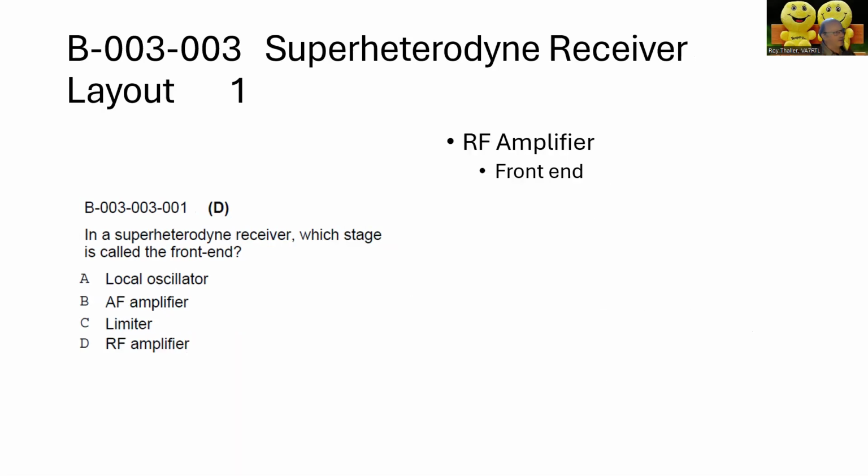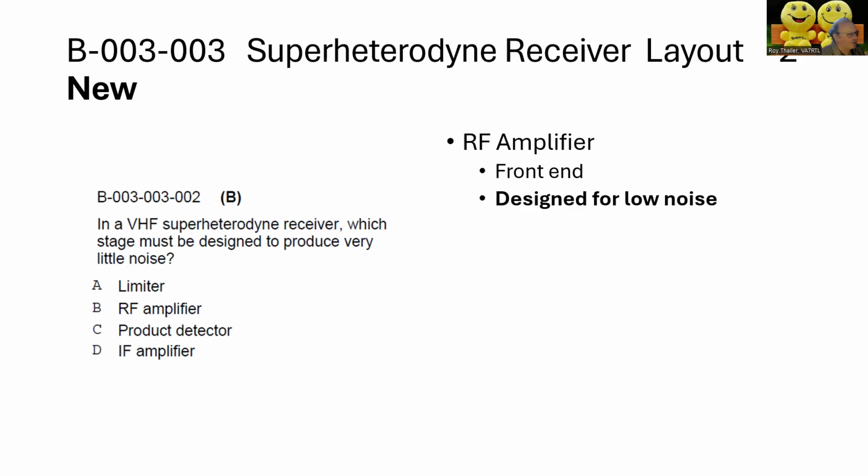Now we're getting into the superheterodyne receiver. So in a superheterodyne receiver, which stage is called the front end? So the front end is where the antenna is connected. So you may have the next stage would be an RF amplifier. Here's a new question.